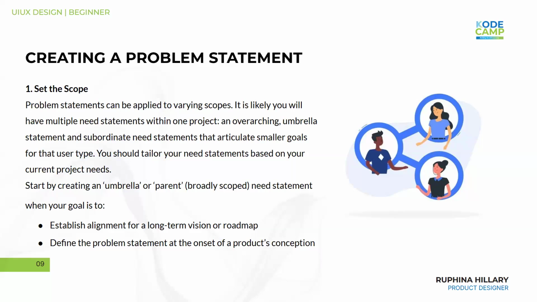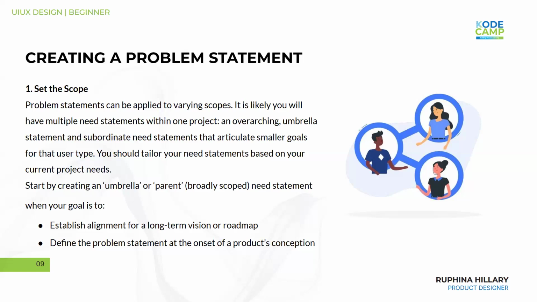So the overarching problem statement is the general or primary problem statement, and the subordinate need statement is the secondary. It's kind of feeding off of that very first overarching statement.